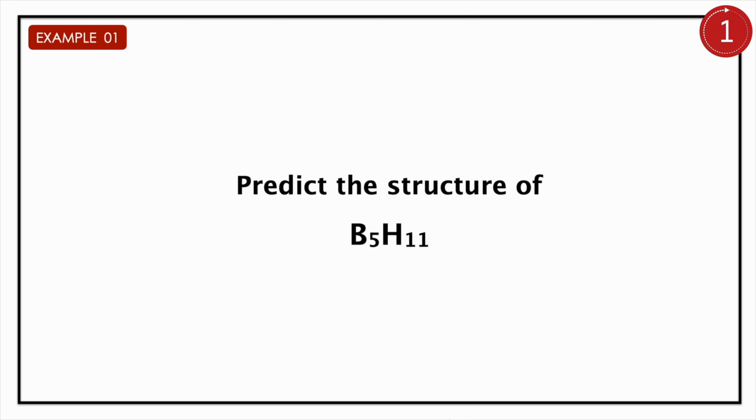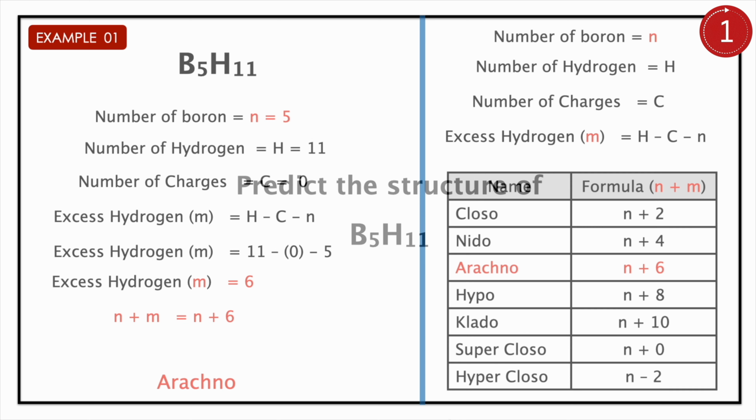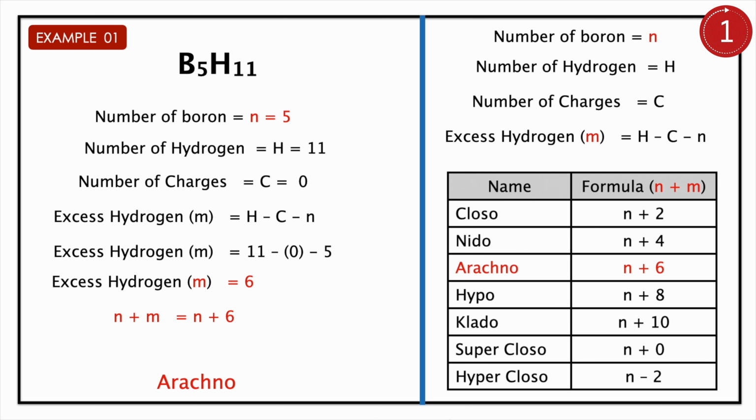We can learn more by the examples. So I given 5 examples to understand the concept. The first example is predict the structure of B5H11. Here in B5H11 borons are 5, so N equals 5.